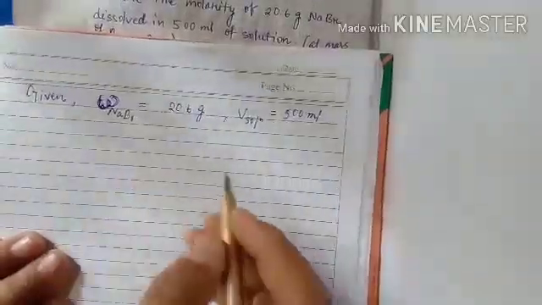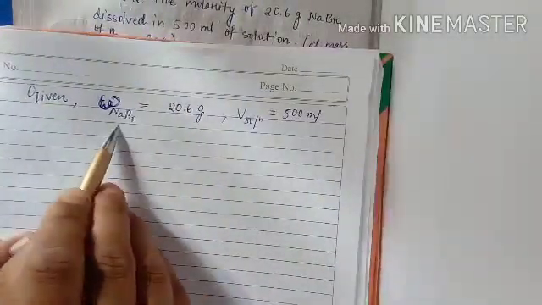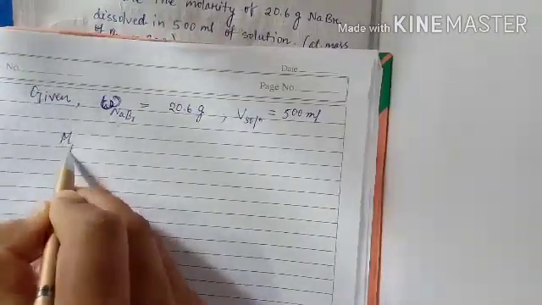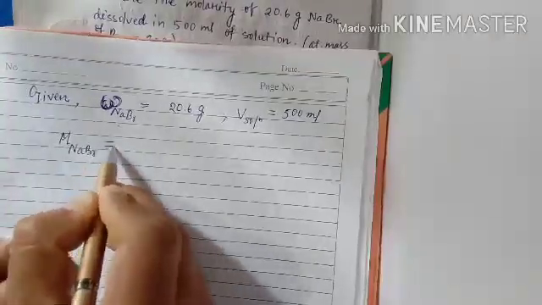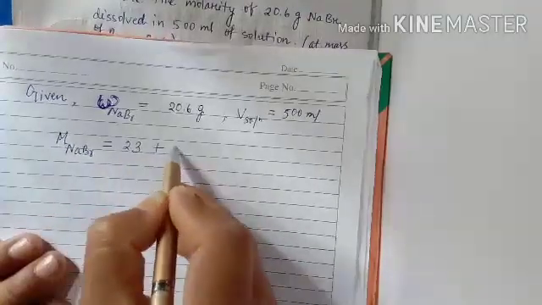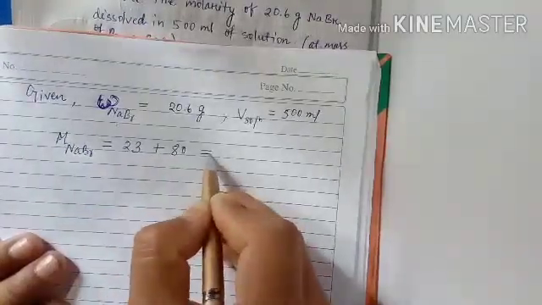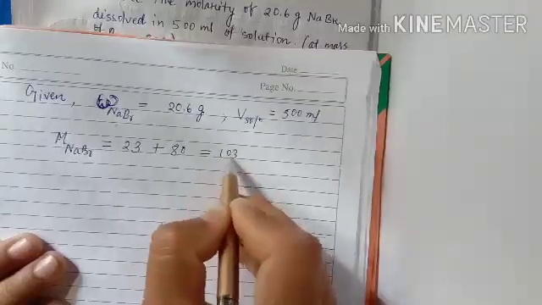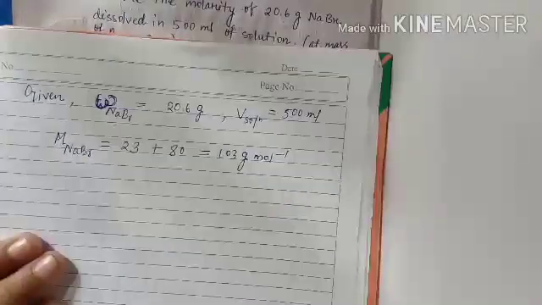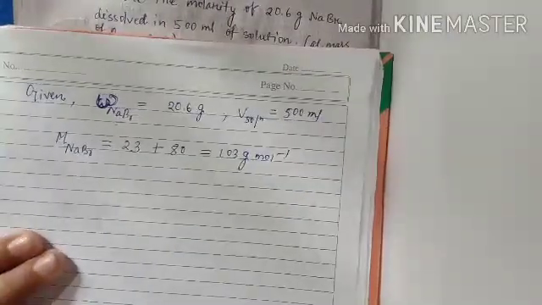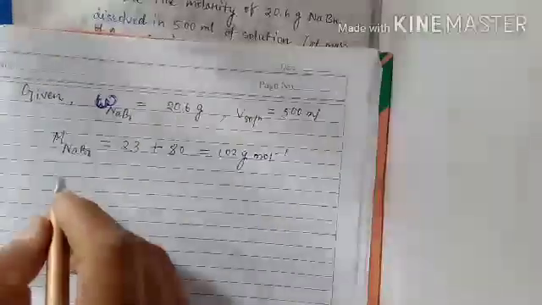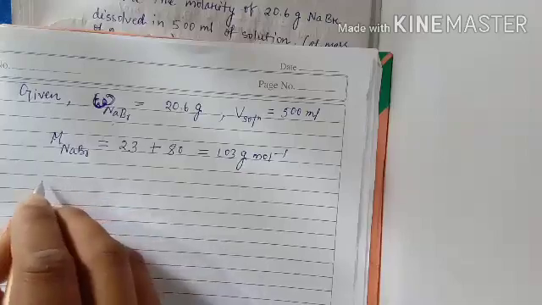The solute is sodium bromide, so we have to find the molar mass of sodium bromide, M of NaBr. Sodium is 1, so 23 plus 80 is 103 gram per mole. This is the molar mass. Then we put in the formula, since the volume of solution is given.